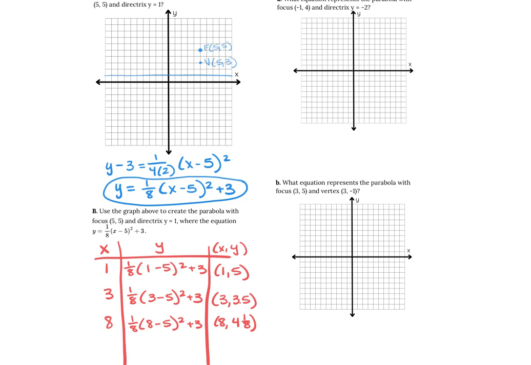So 1, 5, right here. 3 and 3.5. 8 and 4 and 1/8. Now we're just going to connect those along with the vertex to create our parabola.